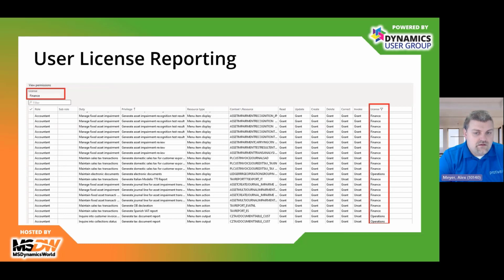One of the interesting parts here is that if you see, for example, the license SKU being shown here, which is your finance, supply chain management, retail, project operations, enterprise asset management, those types of license SKUs that Microsoft has are actually referencing the privilege.